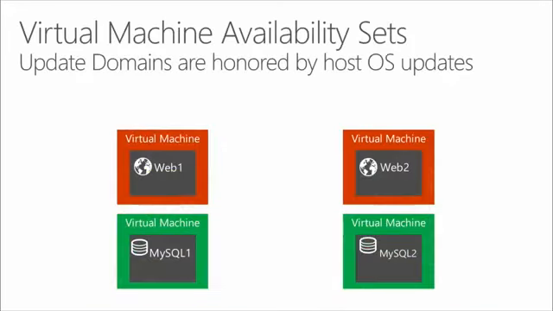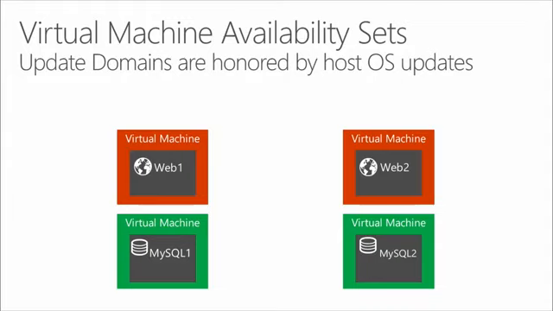We also have different concepts called the update domain and the fault domain. Update domain means, as I mentioned previously, do not restart these virtual machines at the same time. Do not restart the physical servers that these virtual machines are running on top of.